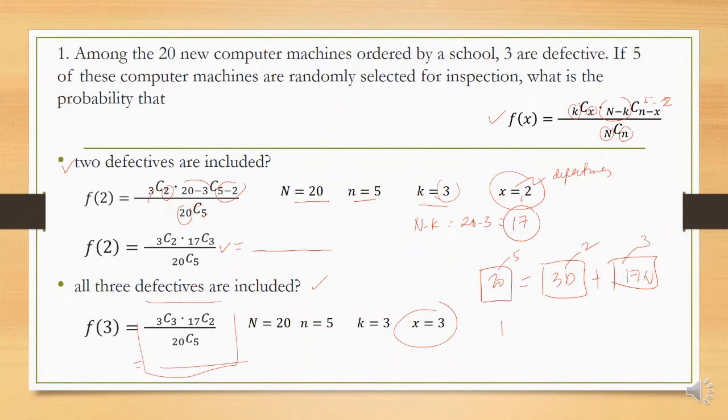Based on our formula, 'di ba? Meron tayong 3 combination 2 times 17 combination 3, 20 combination 5. This is very the same to this. So you do not really need the formula if you understand the hypergeometric problem.